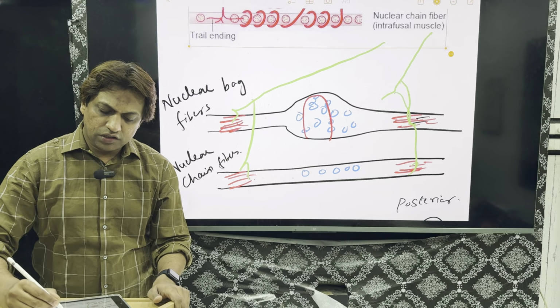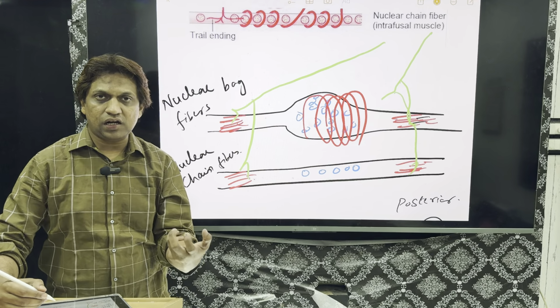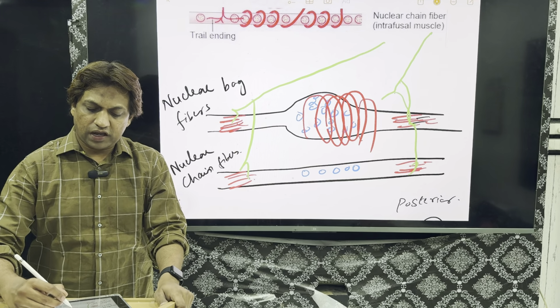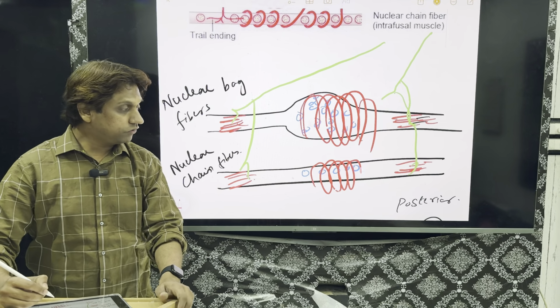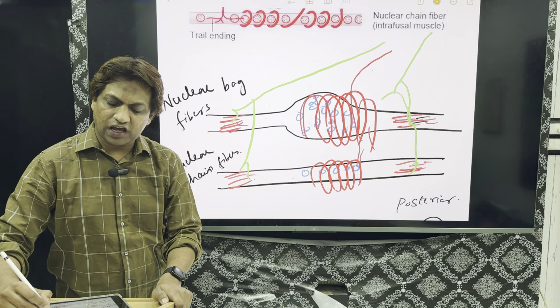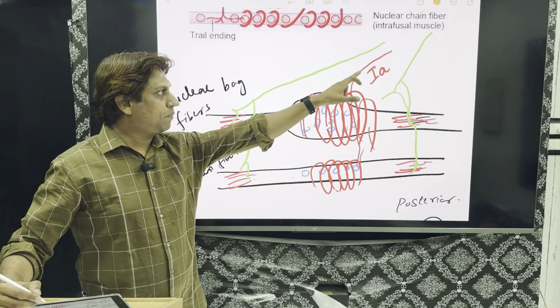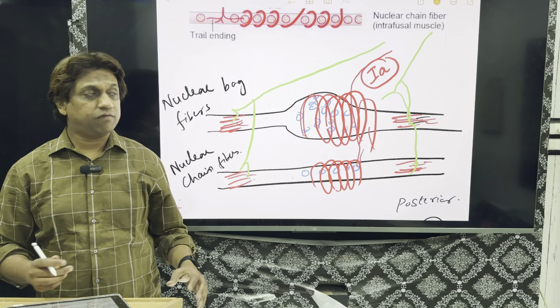On these nuclear bag fibers, there are annulospiral nerve fibers, called annulospiral endings, like this. Also on the nuclear chain fibers, these are the sensory fibers and these are of type 1A. Remember this very important thing, type 1A.